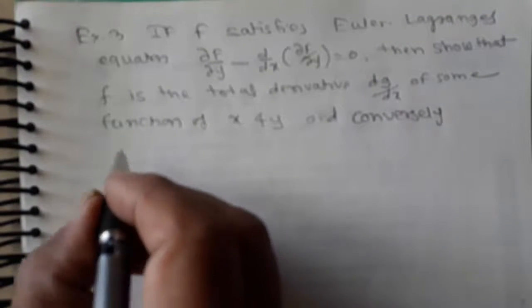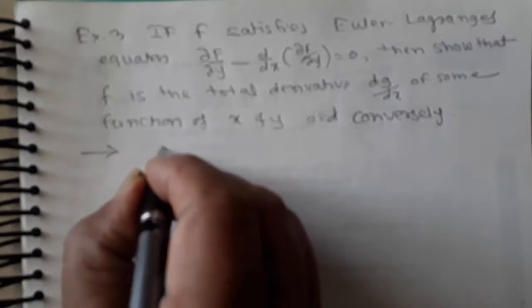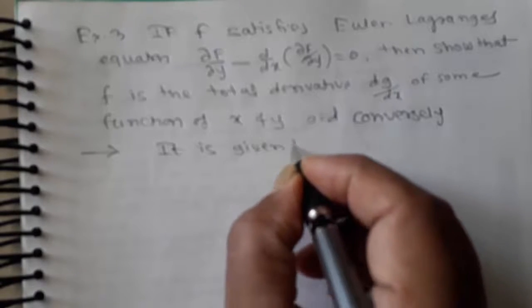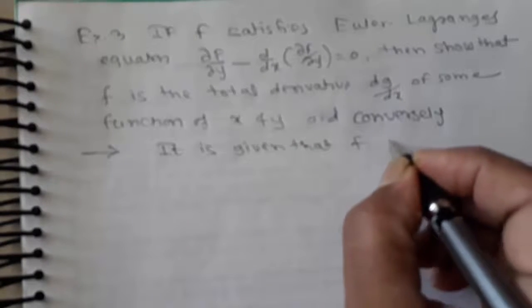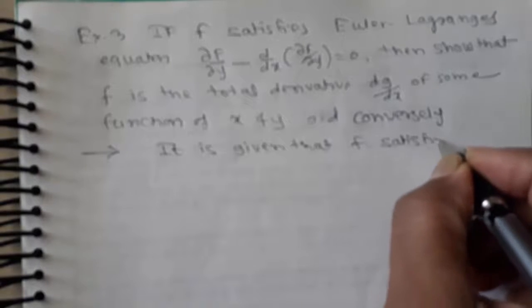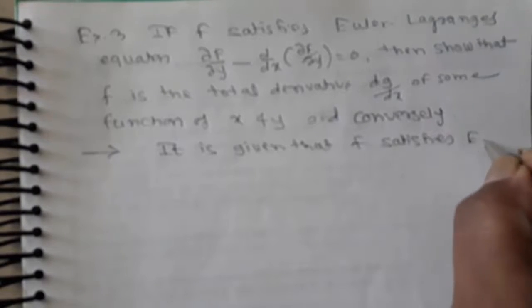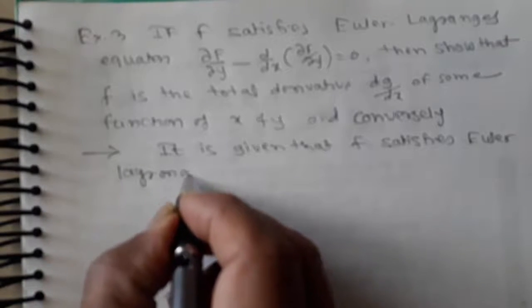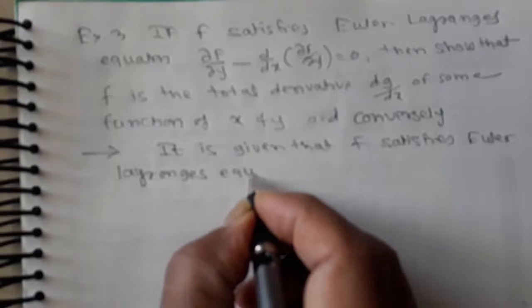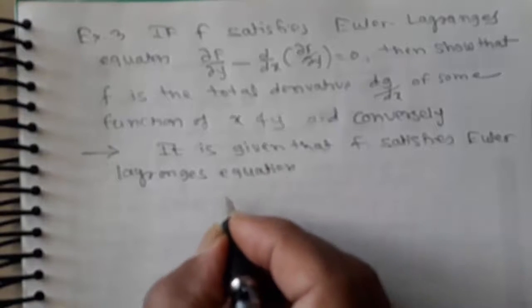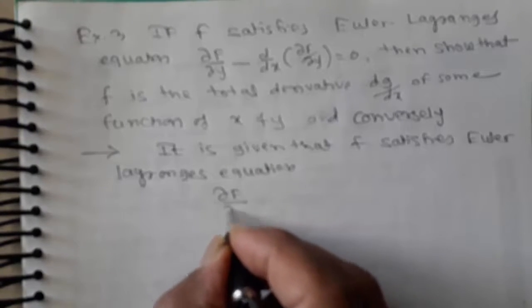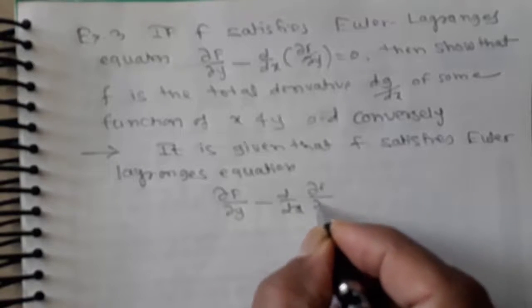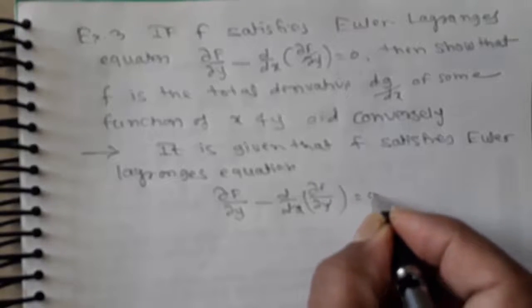It is given that f satisfies the Euler-Lagrange equation, dou f by dou y minus d by dx of dou f by dou y dash equal to 0.